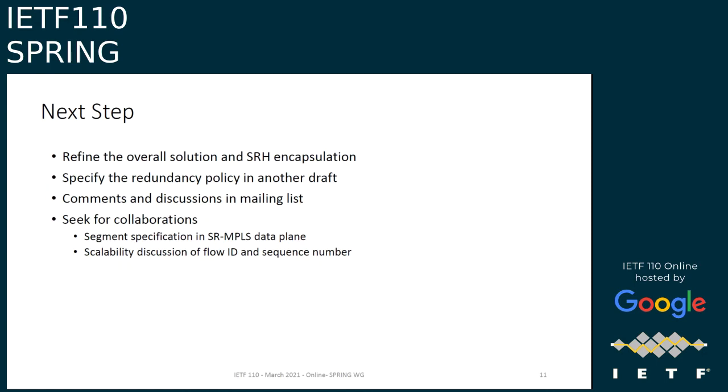This redundant protection can provide service for applications with ultra-high requirements, because there is no packet loss when the flow is switched from one path to the standby path. So that can satisfy the requirements of more strict applications. Okay, thank you.